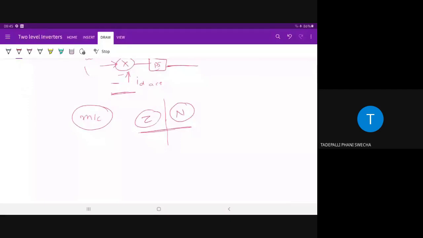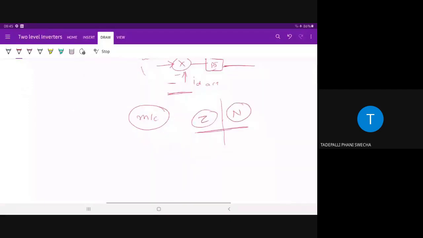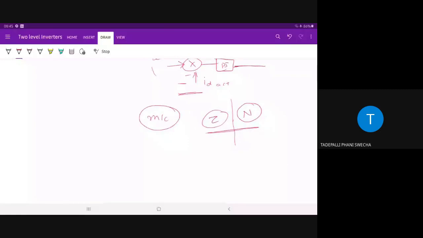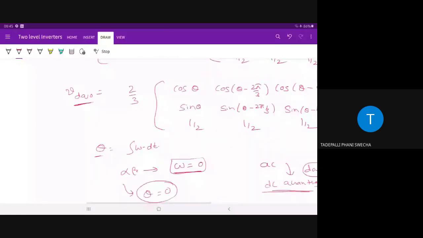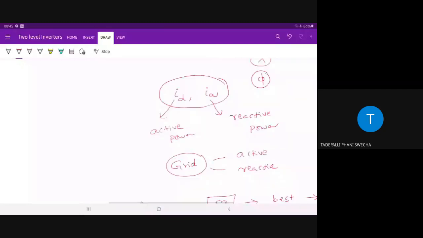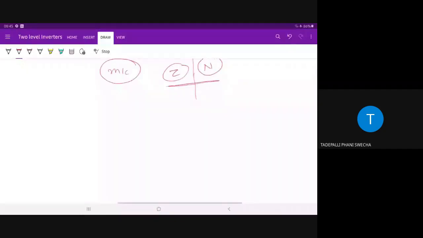The only thing you have to remember is the Clarke transformation, the Park transformation, the alpha beta reference frame and the DQ0 reference frame. Normally, when omega equal to 0, that is, the speed of the reference is 0, that is known as the stationary reference frame, also known as the alpha beta reference frame.